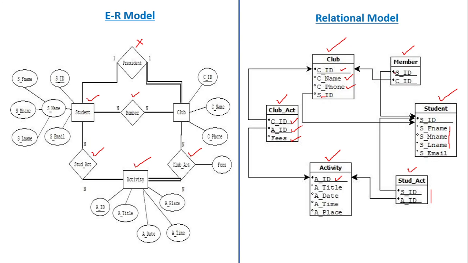So from the foreign key SID to the primary key SID we have a link, and from the foreign key CID to the primary key CID in club we have a link. So this is how we have come up with the relational model for the given club activity problem statement.